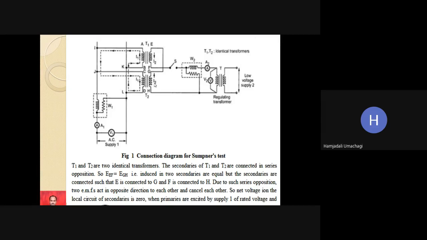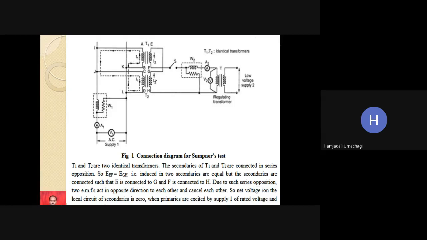Okay, and see that the first transformer will act as a load on the second transformer. Similarly, the second transformer will act as a load on the first transformer. So the transformer itself is acting as a load on the transformer. Because of that, actual loading conditions we can observe and simulate in the Sumpner test. If actual loading is present, then current will flow through the secondaries of both transformers.